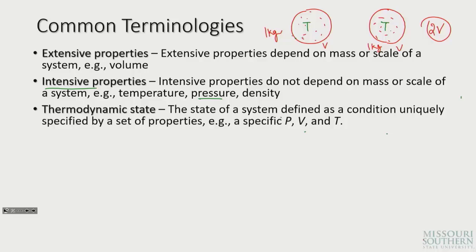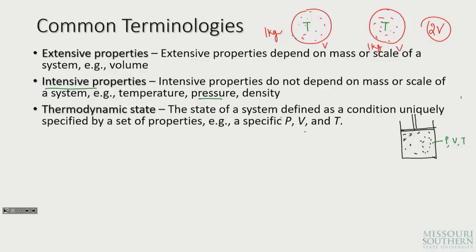So what that is, let's say you have a cylinder with some gas, and it is enclosed by this piston. So let's say initially the gas has pressure P, volume V, and temperature T. So this is one state of this system.